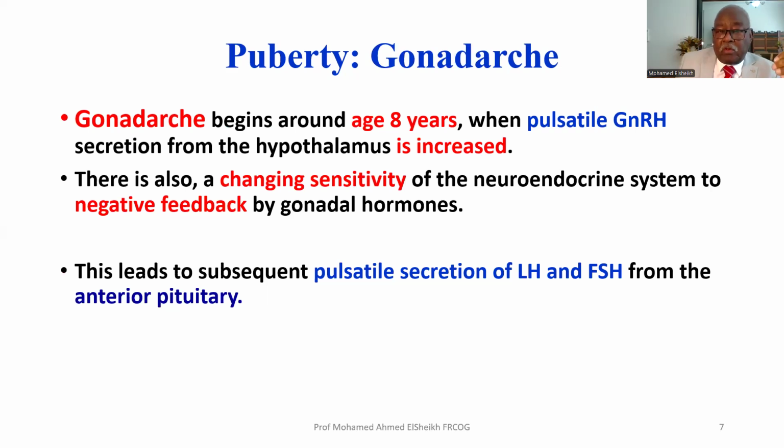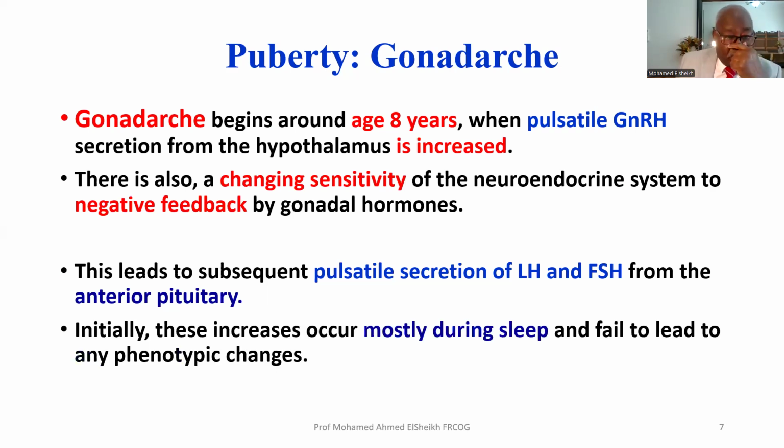It's important, the negative feedback, which we'll come and see in a minute. This leads to subsequent pulsatile secretion of LH and FSH from the anterior pituitary. So initially, there is an increase in the pulsatile production of GnRH, leading to more production of FSH and LH from the anterior pituitary, still in a pulsatile fashion.